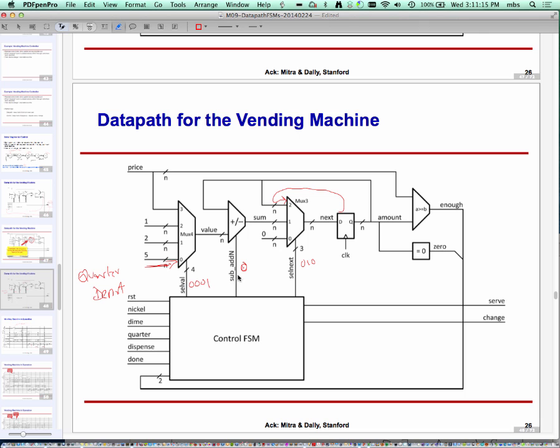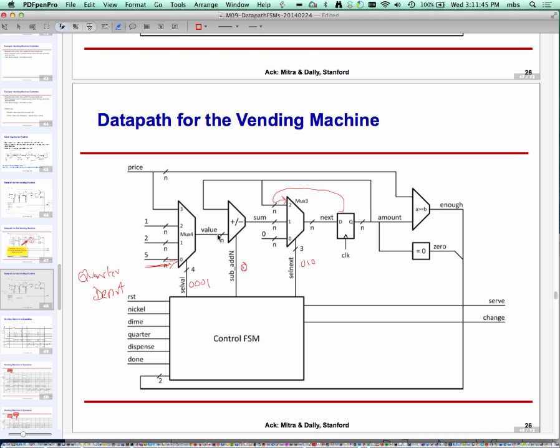So I can either add or subtract depending upon what is happening. If I am dispensing, then every time the nickel has been released, I'm going to subtract out here, in which case I'll be subtracting 1 nickel. When depositing is happening, it could be a nickel or a dime or a quarter. So depending upon what type of coin it is, I'm going to select the first mux, and then I'm going to do an addition out here. Okay, so that's the operation.